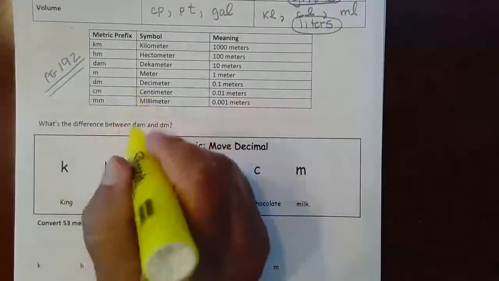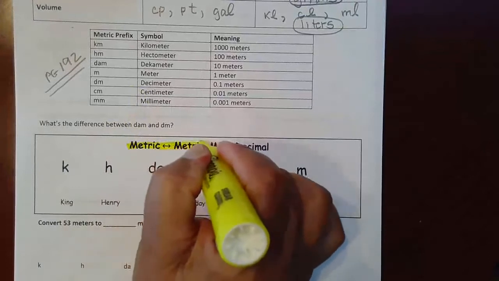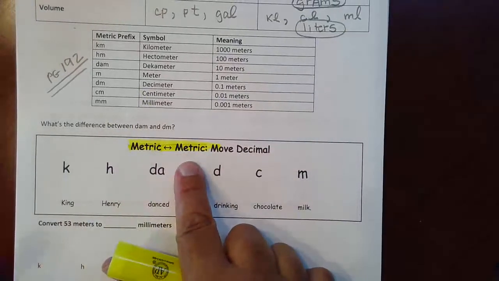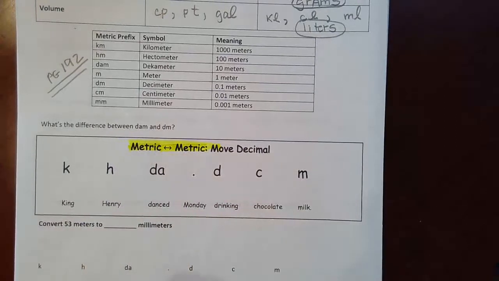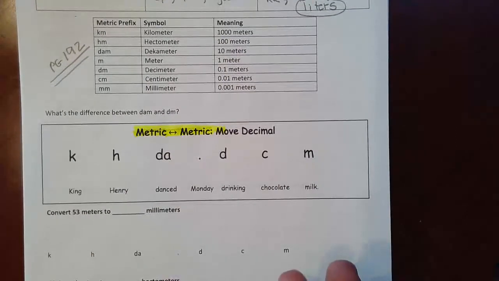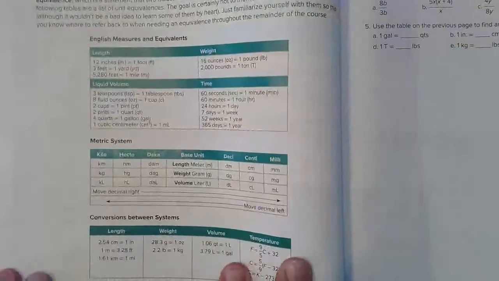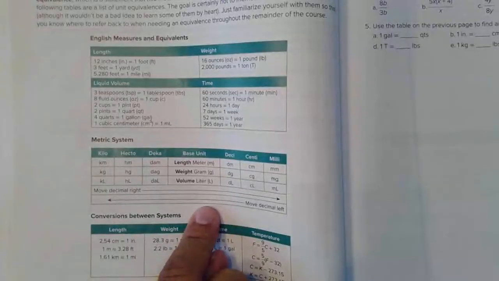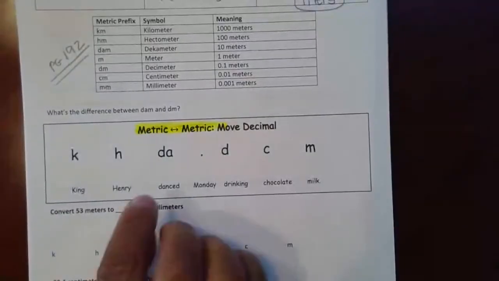So if I give you a metric unit to start with, and then I ask you to convert it into another metric unit, that means you're going from a metric unit to another metric unit. And that's when you can use this saying. You're going to want to memorize the saying, but that beats the heck out of putting all of that on your note card, because you don't have that kind of space on a note card. It's only supposed to be 3 by 5. So this will take the place of the table.